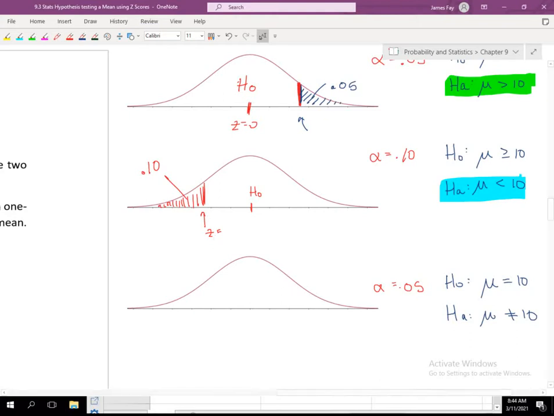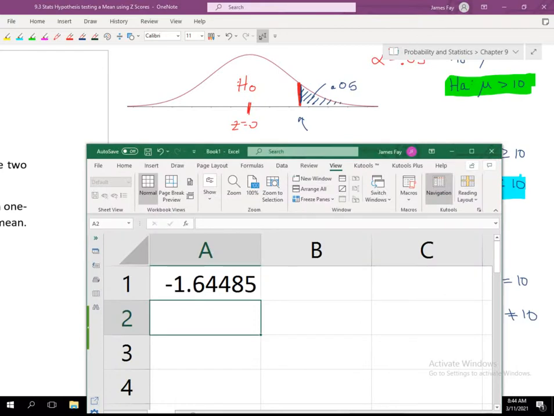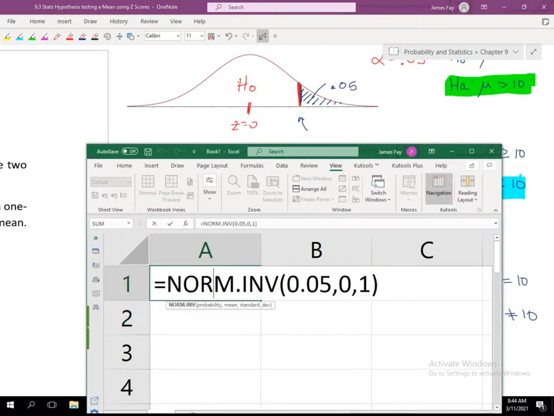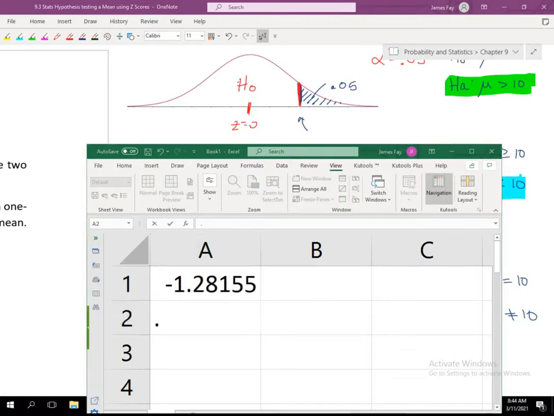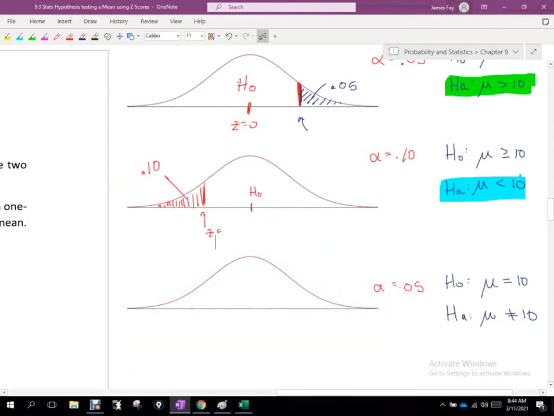To find that, we go to our calculation. Now it's a left-tailed test. We want 10%, so I'm going to type 0.1 here, hit enter, and I get negative 1.28. So negative 1.28 would be the z-value that dictates the critical region versus the non-critical region.